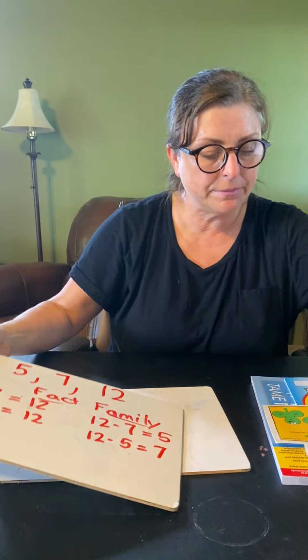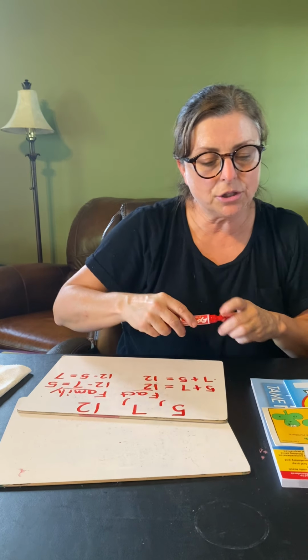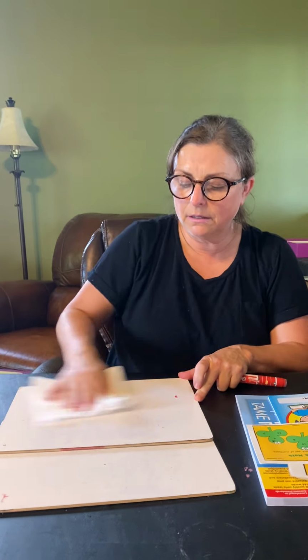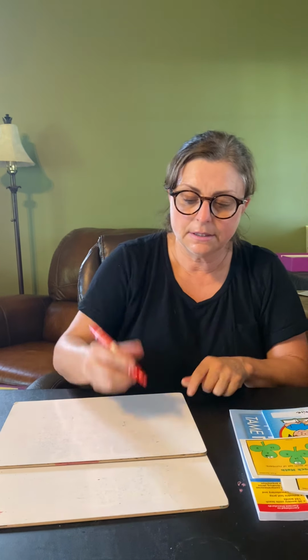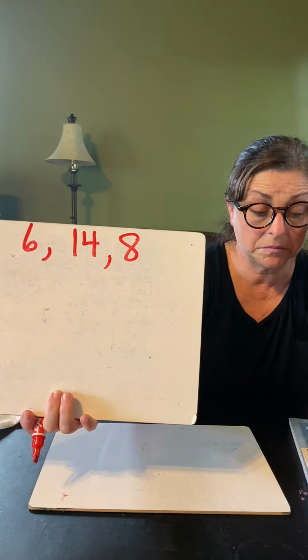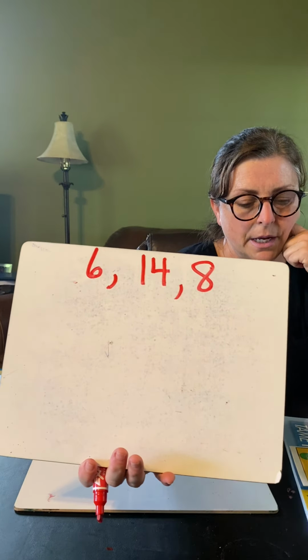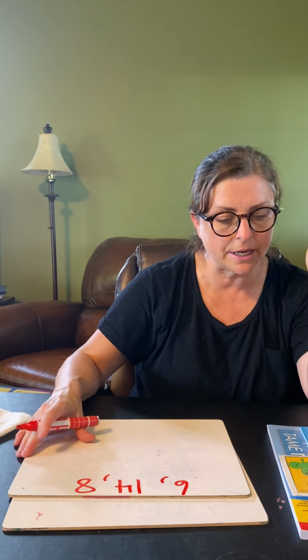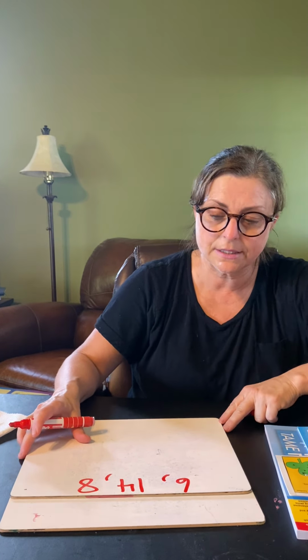Let's do another one. Let's use the numbers 6, 14, and 8. 6, 14, and 8. And go ahead and give me the fact family for this set of numbers.